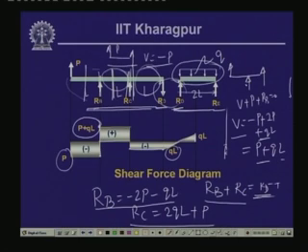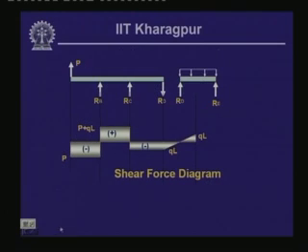Here you note that this is the maximum value of the shear force that we get anywhere, because here it is P, here it is Q L, here it is Q L, here it is P plus Q L. So, the maximum value of the shear force is P plus Q L, which occurs just after this particular reactive force B, and this is what was asked for in this particular example.